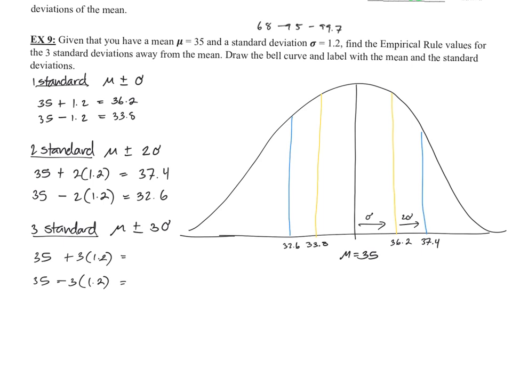Okay, so 3.6 plus 35 is going to be 38.6. And then 35 minus 3.6 is going to be 31.4. Okay, so we found our 3 standard deviations away. Go ahead and label those.